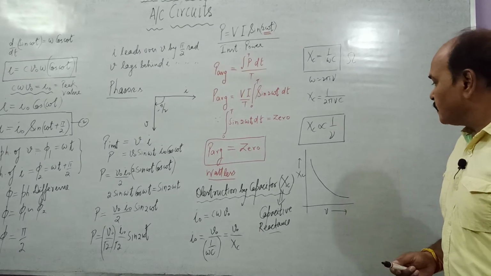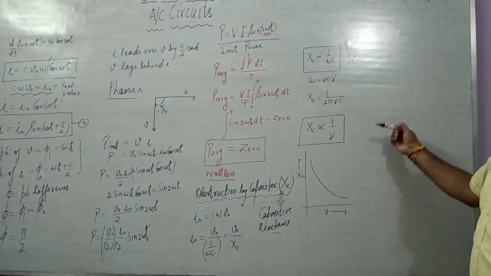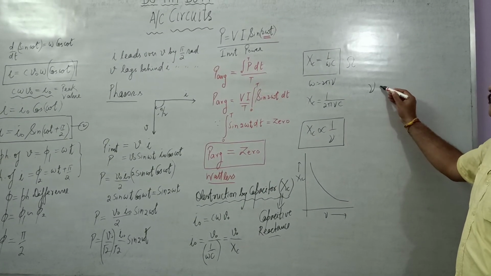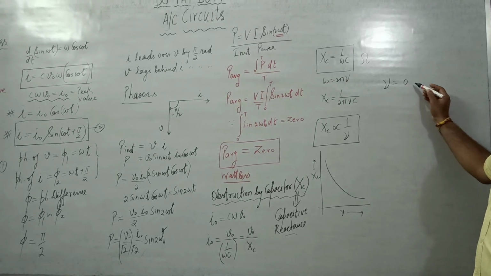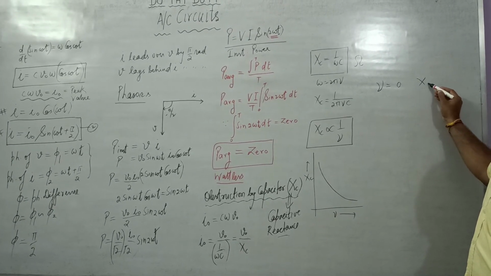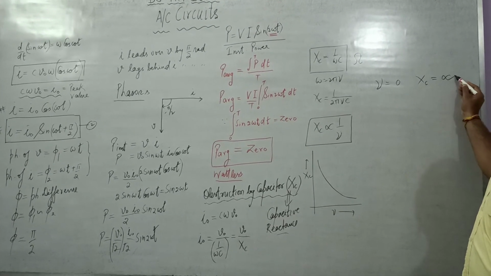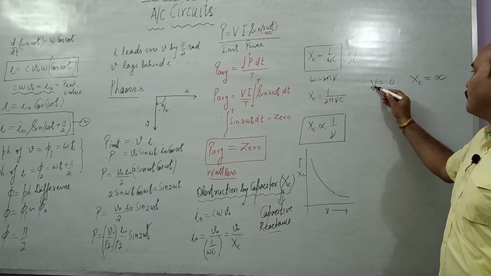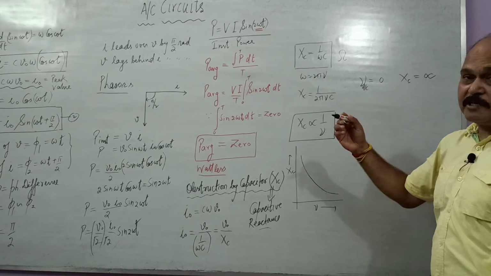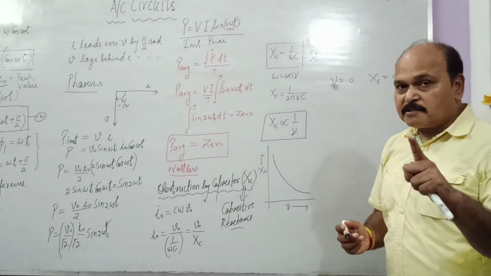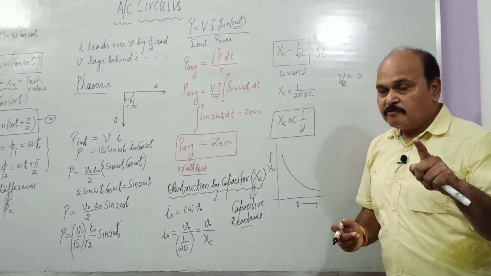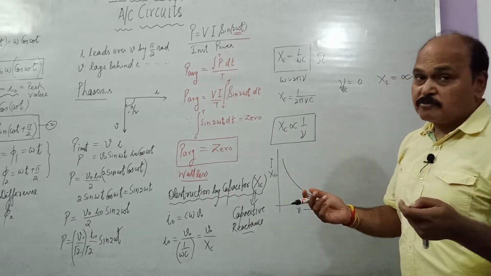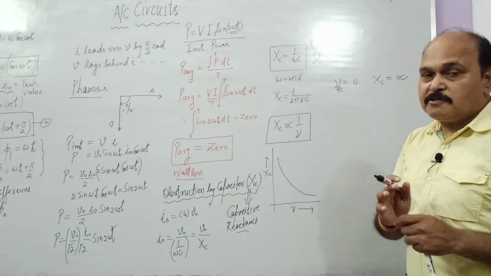So obstruction offered by capacitor is going to be infinite when we have DC current. For a DC source, the current has zero frequency, and the voltage also has zero frequency.